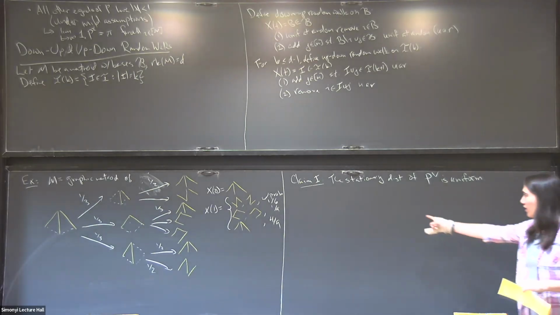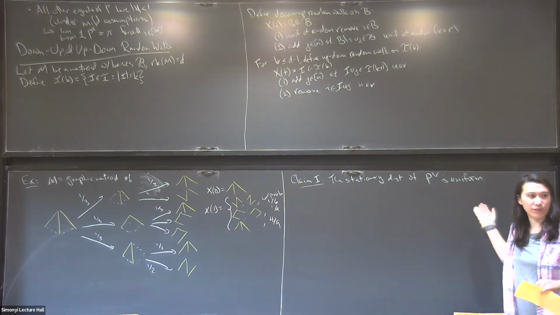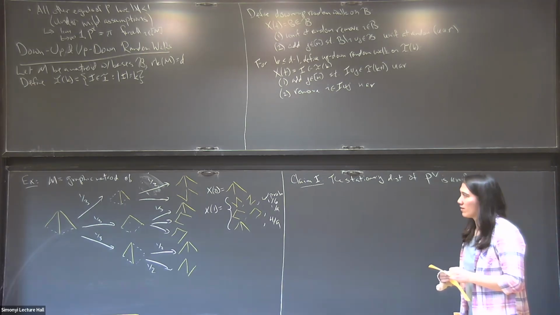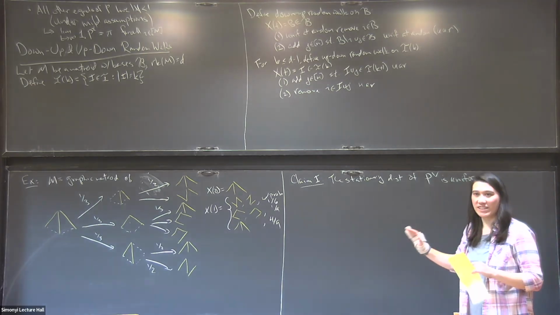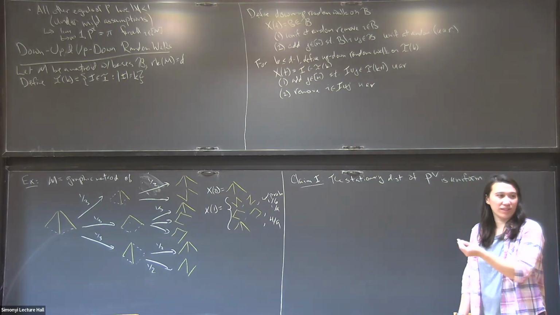This means that if we run this Markov chain forever, we should get the uniform distribution. So this at least will eventually allow us to sample. And then claim 2 is going to be that it lets us do it efficiently.